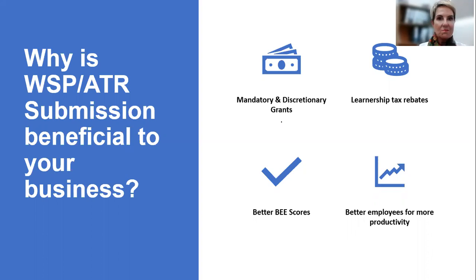First and foremost, you can access the mandatory and discretionary grants available through your SETA. Once you've started implementing the chosen programs, which are usually accredited programs, there are huge tax incentives available to a business that contribute to the bottom line. Lastly, implementing these programs supports your BBBEE strategy.